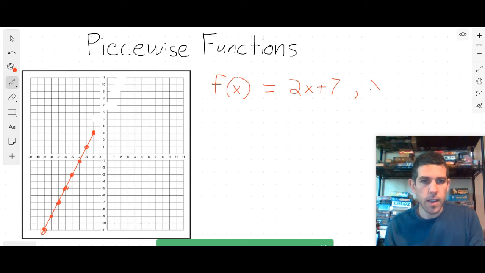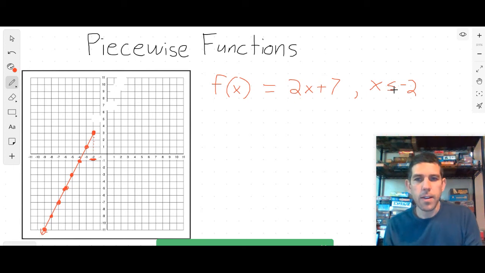So anything less than or equal to -2 will work for us. I'm using -2, not the 3, because remember, we measure domain on the x-axis. You can see I'm underlining the -2 here, where this function stopped.